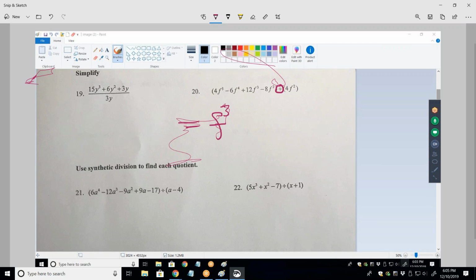Okay. In other words, I want to always present numbers in simplified format. 6/4 is not simplified, but 3/2 is. And it's minus because it was a minus 6. So it's minus 3/2.